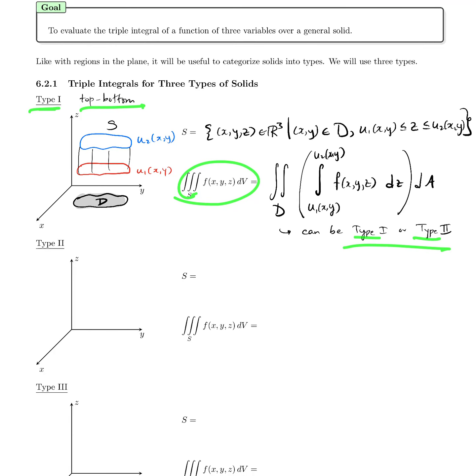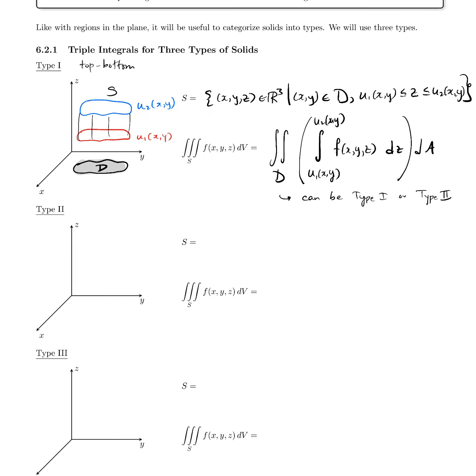So you can imagine that there's two more types. They can each be done two ways. There's going to be 6 total ways of setting up integrals potentially over solids. So what does a type 2 solid look like? It will be, instead of bounded top bottom, bounded front back.